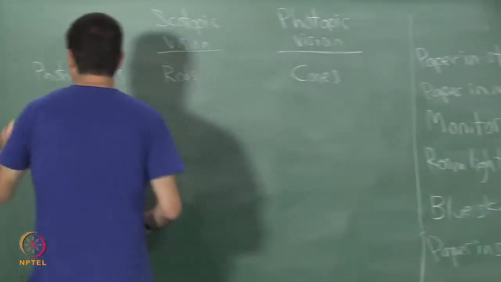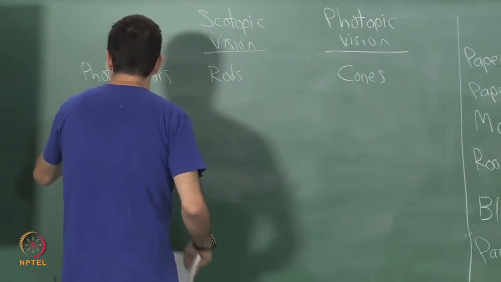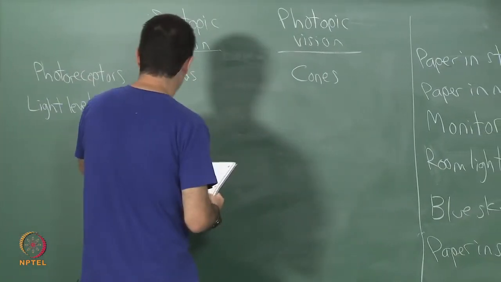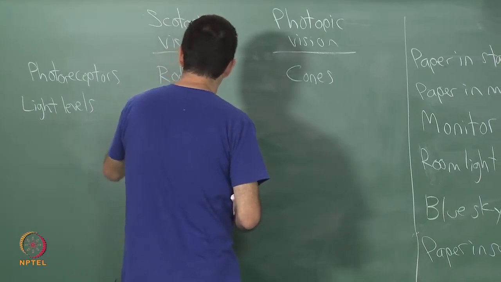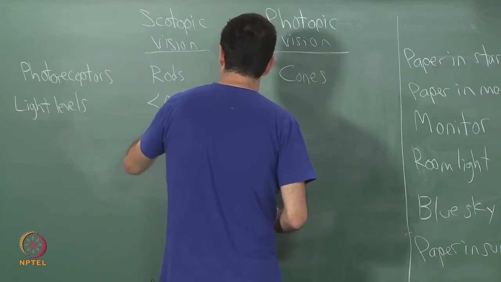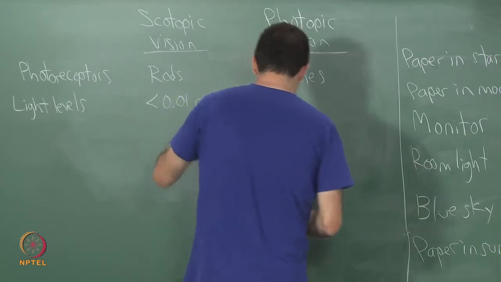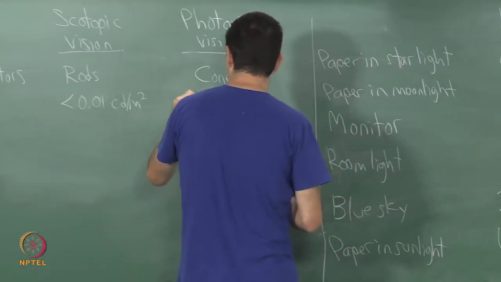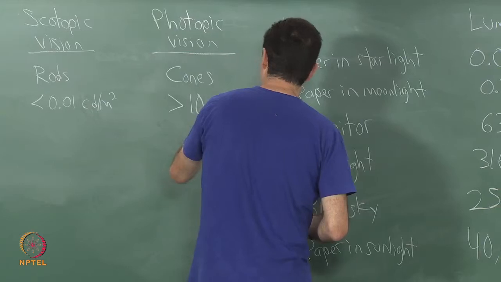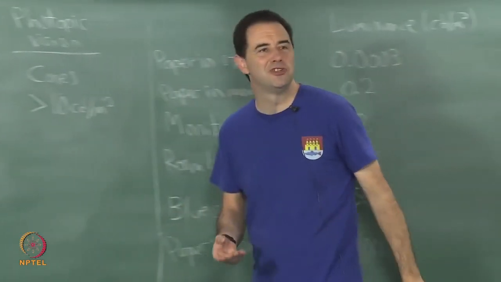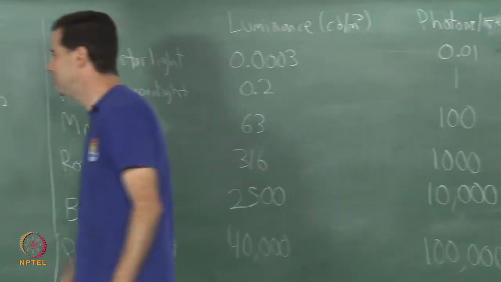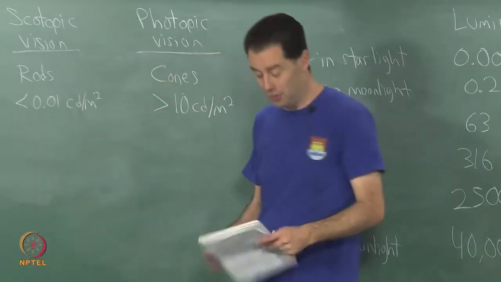And for light levels, typical light levels for scotopic vision are less than 0.01 candelas per meter squared, and photopic is greater than 10 candelas per meter squared. Of course, there's some intermediate regions, so there's a gradual transition from one to the other in actuality, but the extremes are very clear.